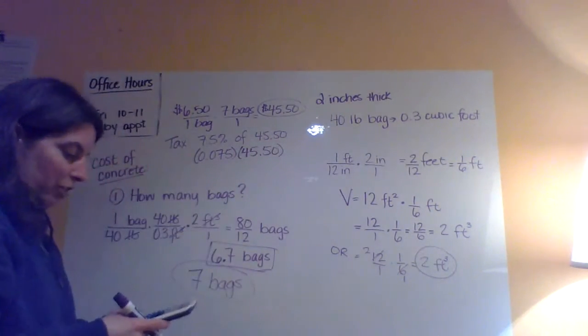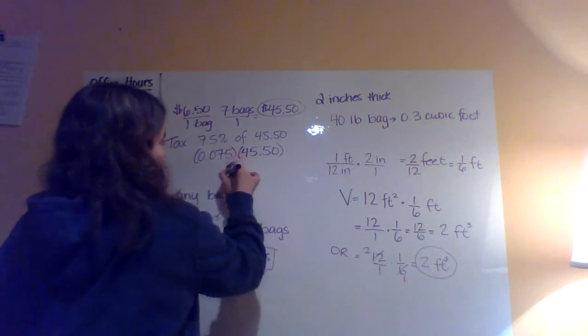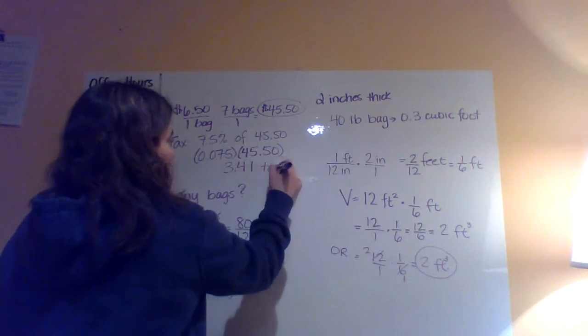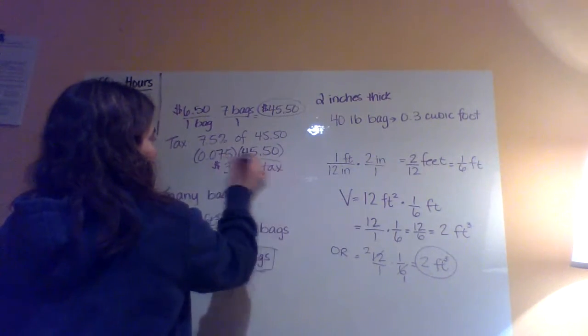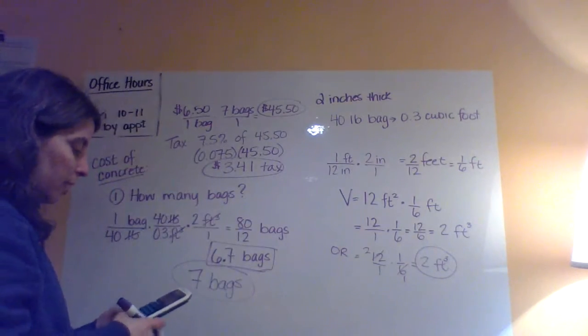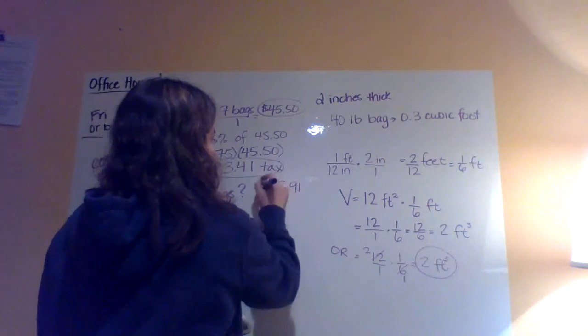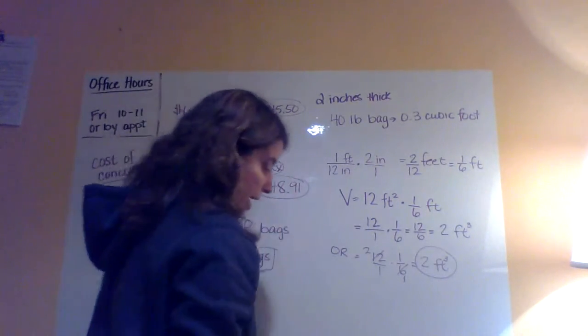Multiply by 45.50. That gives me $3.41 in tax. I add these two together, and I get $48.91 as my total.